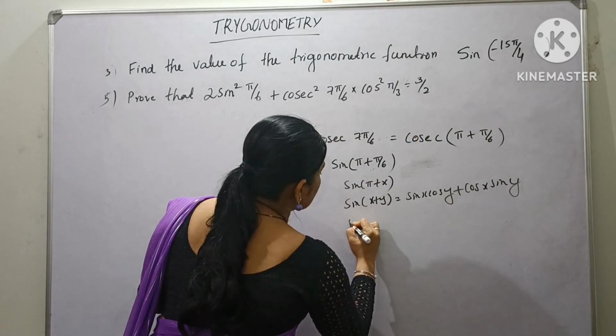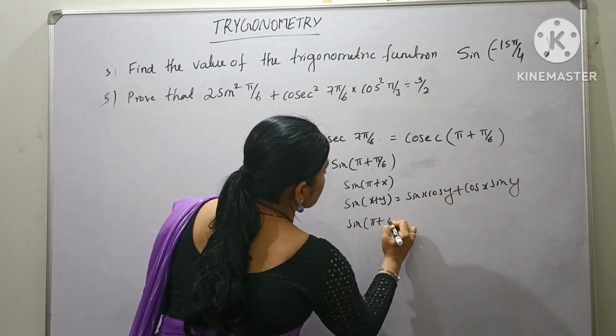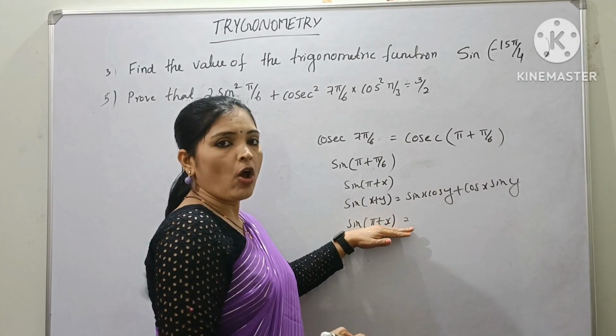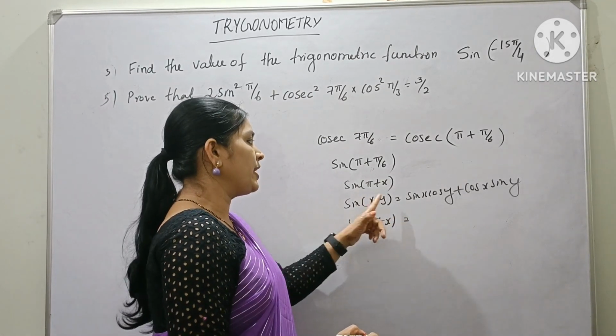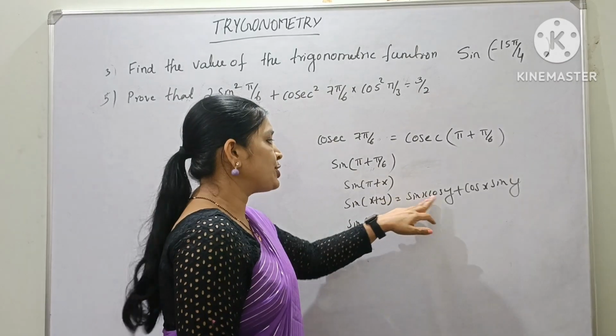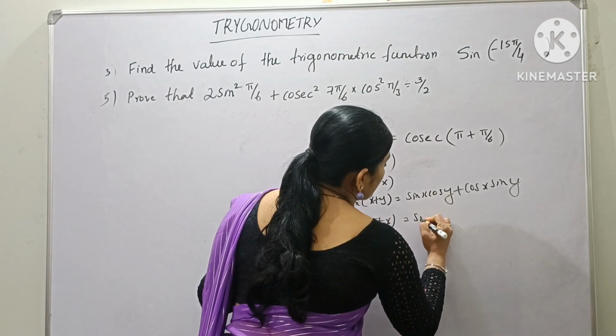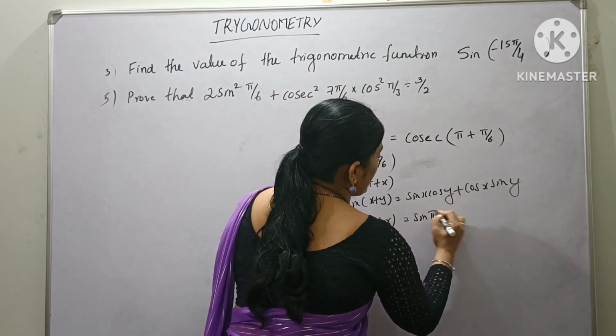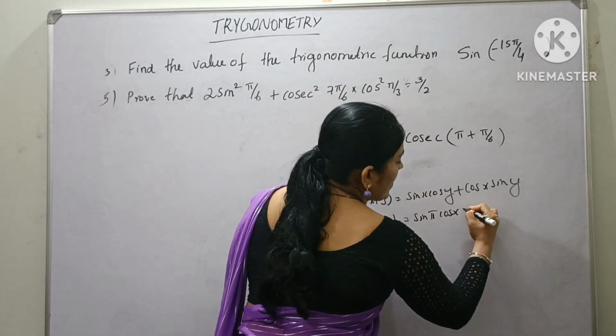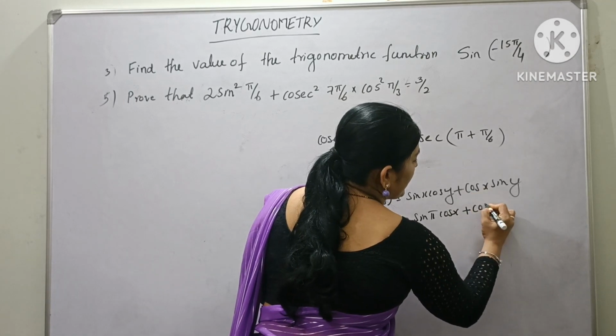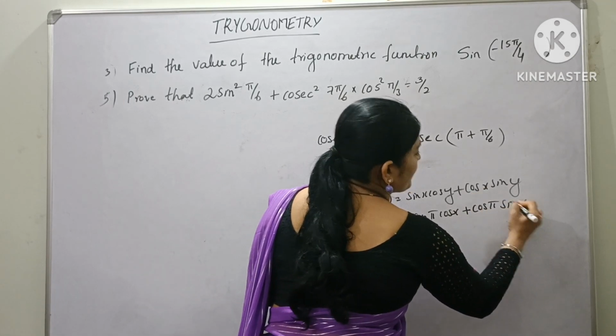Okay, now let us find sine of pi plus x. Sine of pi plus x, in place of x pi, in place of y x. Substitute x to pi, y to x. Let us write sine pi cos x, okay, plus cos pi sine x.